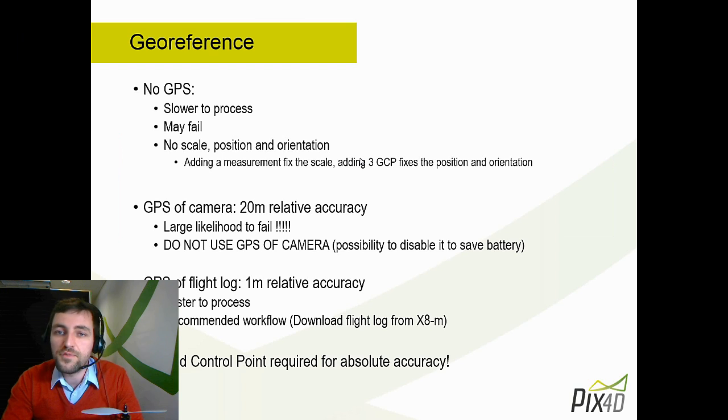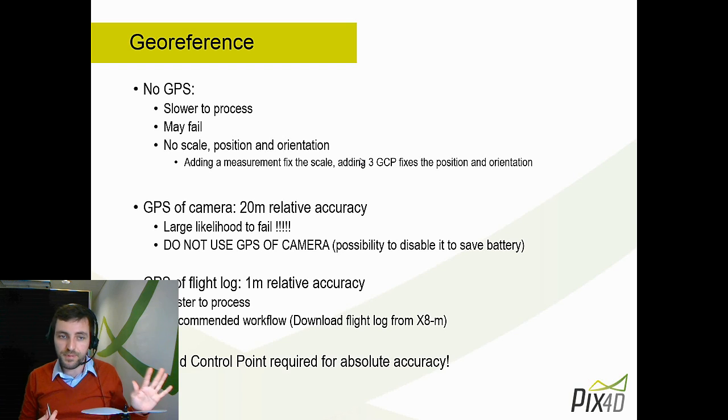And georeferencing is really about how your automosaic is positioned, and also its scale and orientation. So there are three possibilities. Actually four possibilities. Either you fly and you process imagery without any GPS.